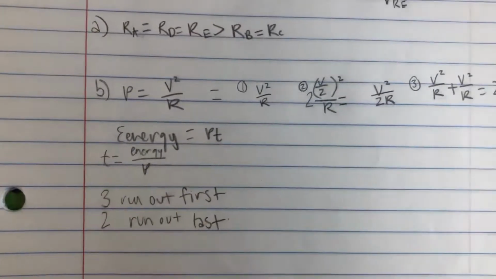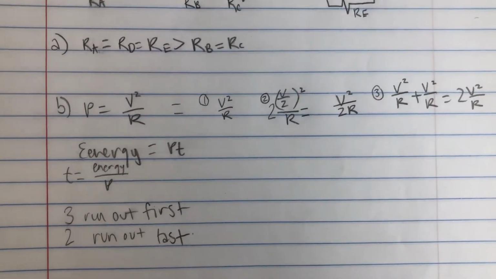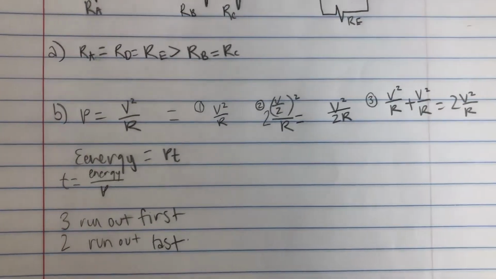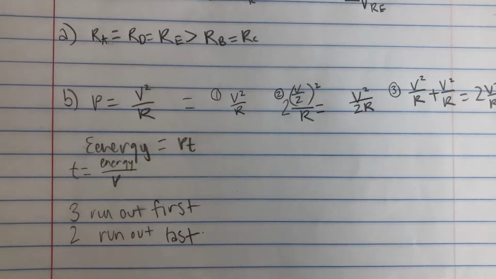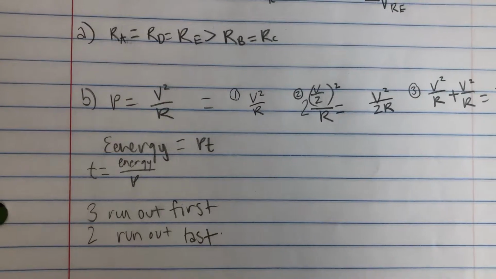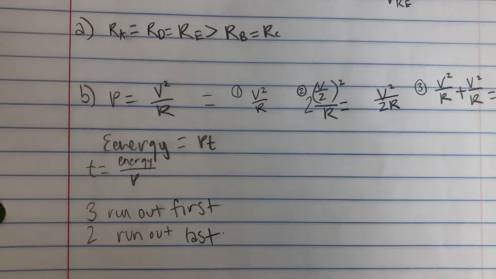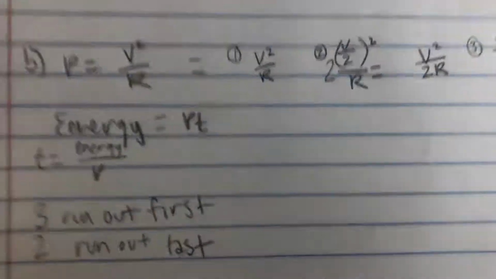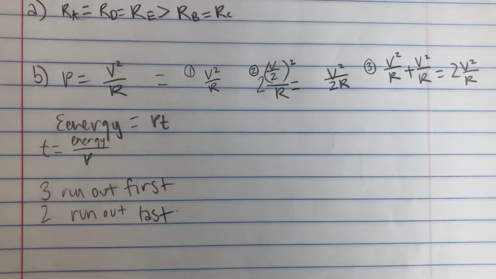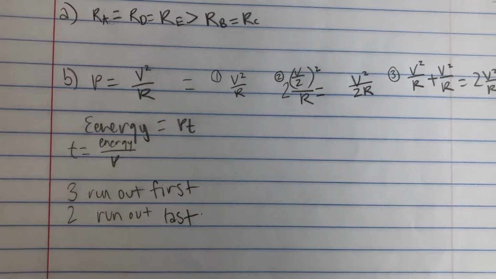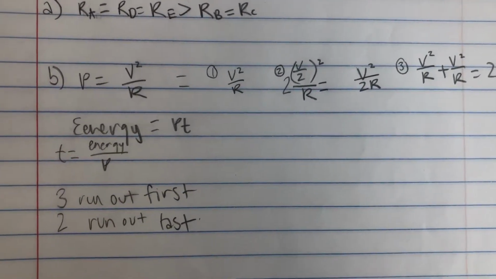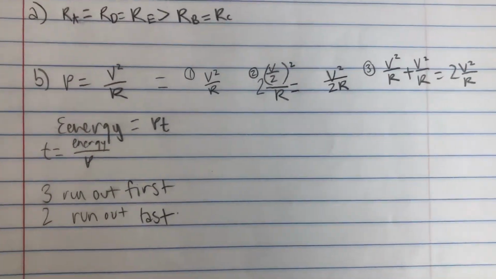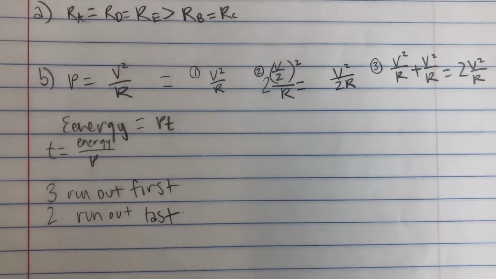And then, since energy is joules and power is joules over time, energy is equal to power times time. So the unit will both be joules.